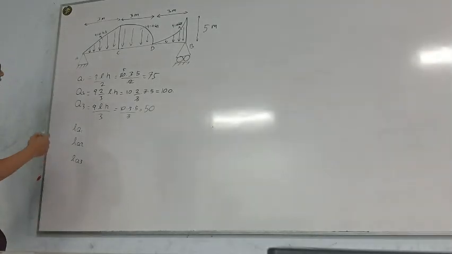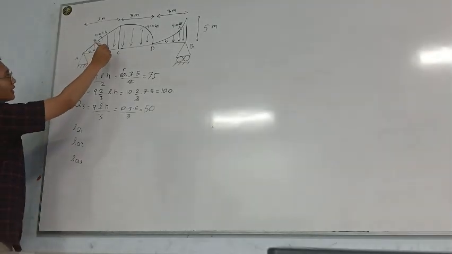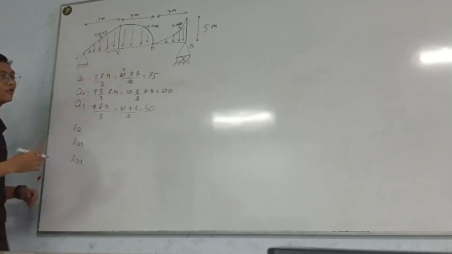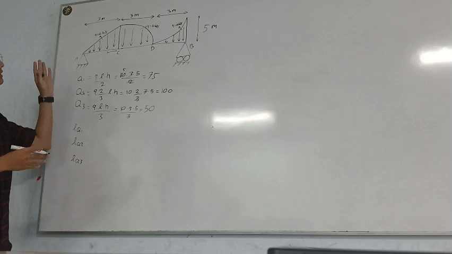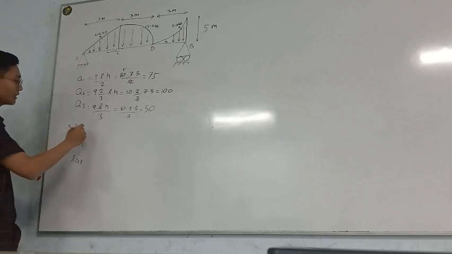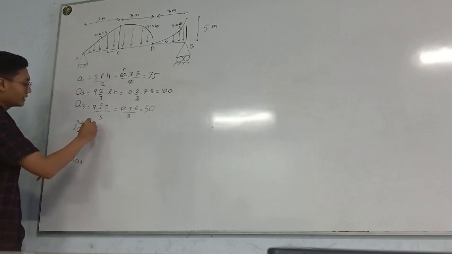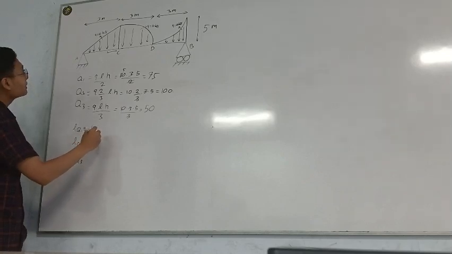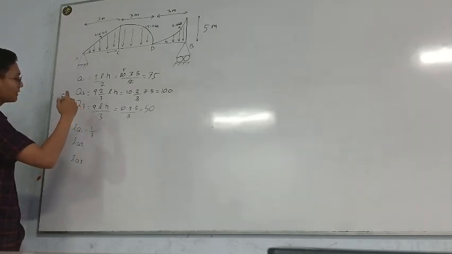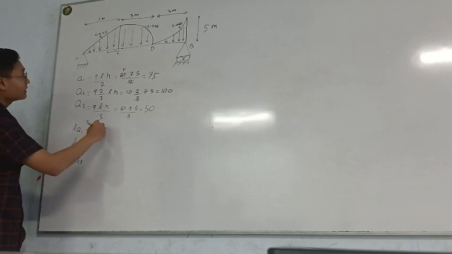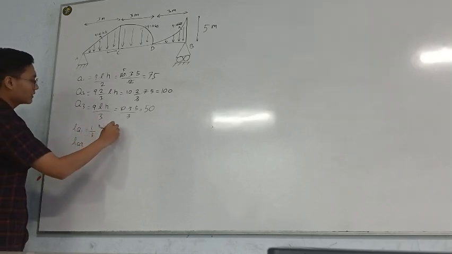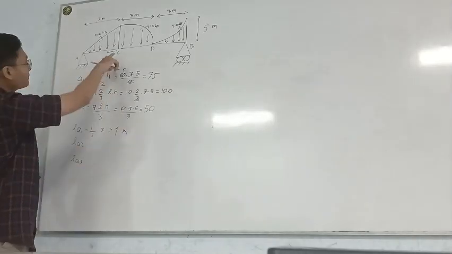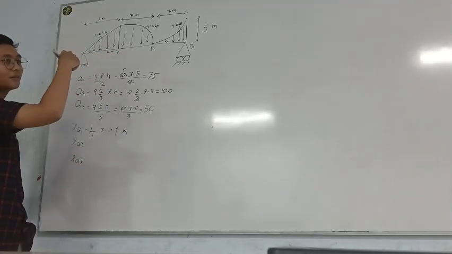After that, we need to find the length of every shape. The LQ1 here is 1 divided by 3 times L, which is 3, equals 1 meter from the peak.